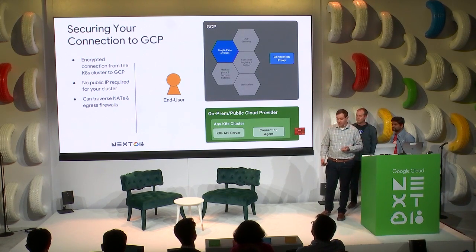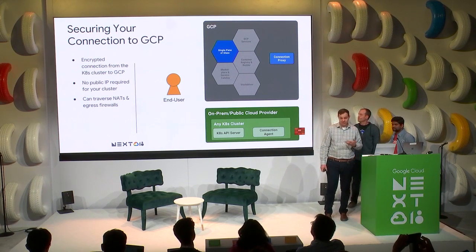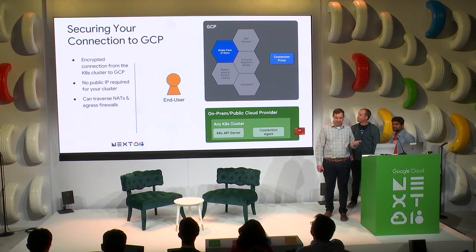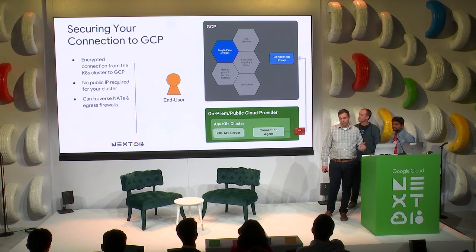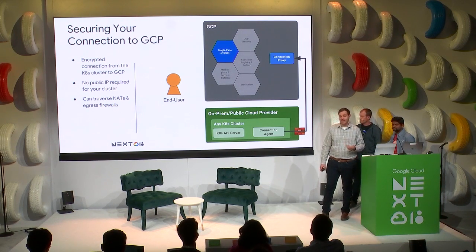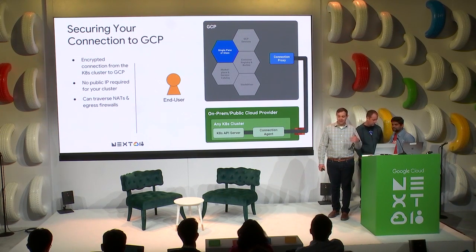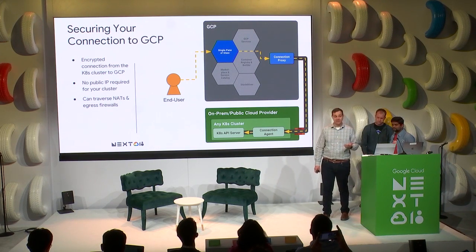So Nikhil mentioned we installed this connection agent onto the cluster. And this is just a deployment that dials out from the cluster to Google and creates a long-lived connection. Once we have that connection in place, we have the ability then to go back through the connection the other way and provide you this single pane of glass experience.